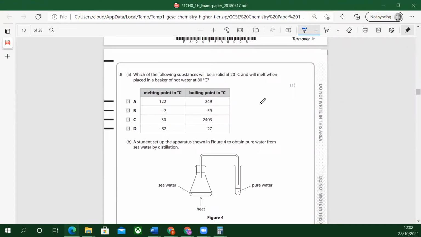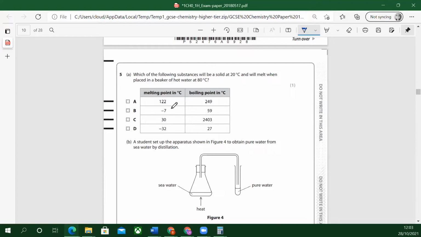Number 5. Which of the following substances will be a solid at 20 degrees and will melt when placed in a beaker of hot water at 80 degrees? So it's going to melt at 80 degrees. That's not going to melt at 80 degrees. It melts at 120, -7. And that one would most likely already be, it's a solid at 20.